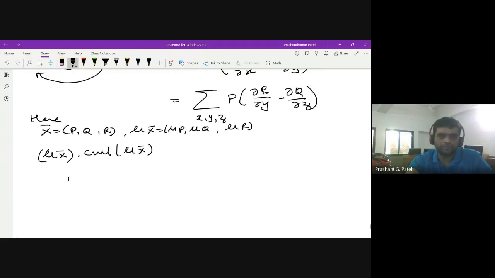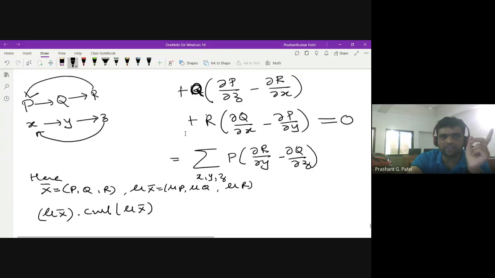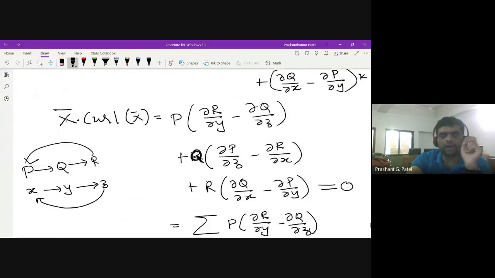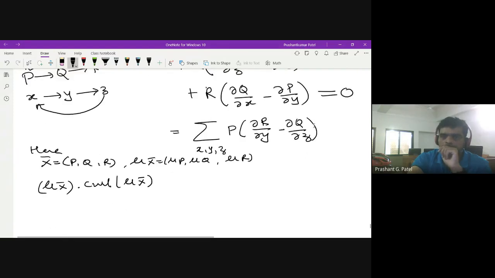See what the changes are. Whenever P is there, we have μP. That is the change we made. So if I have found that x̄ · curl x̄ is this expression, then what will μx̄ · curl(μx̄) be?